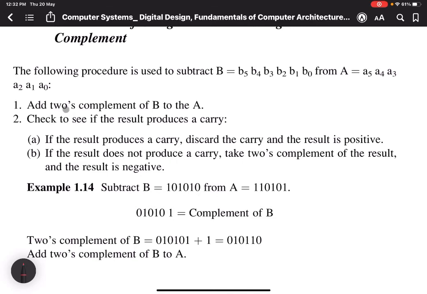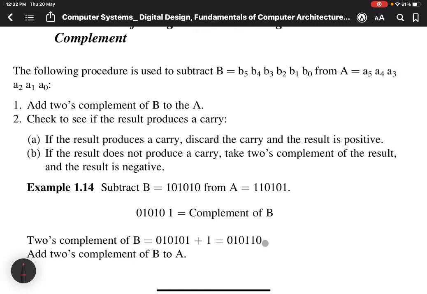Okay? So first, add the 2's complement of B to A. So hanapin muna natin yung 2's complement ni B. Paano hanapin? Kukunin muna natin yung complement ni B at mag-add tayo ng 1, which is ito yon, no? So binaliktad natin para mahanap yung complement. So yung 101010 ay naging 010101 plus 1.